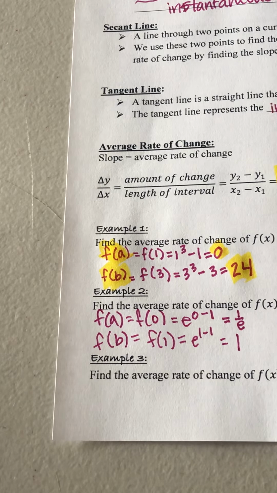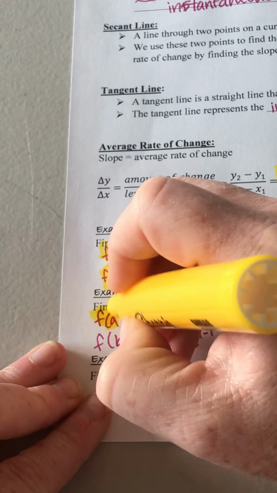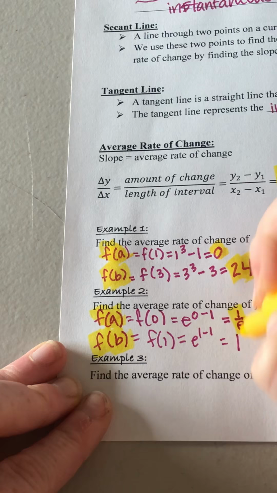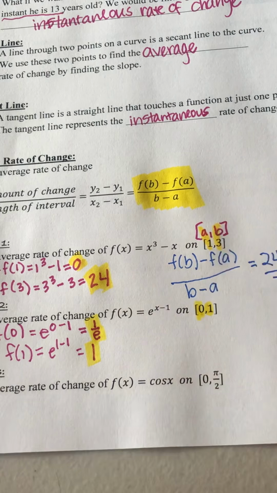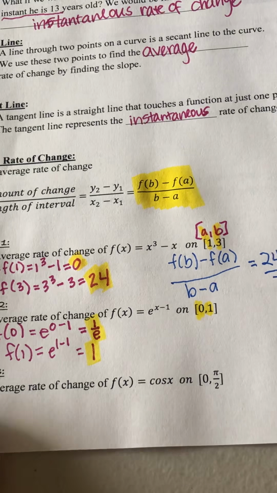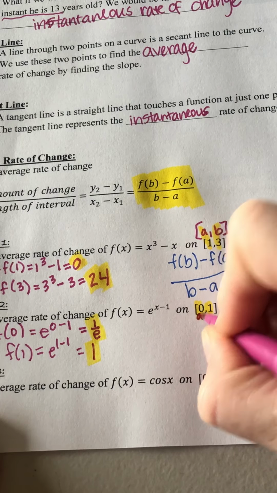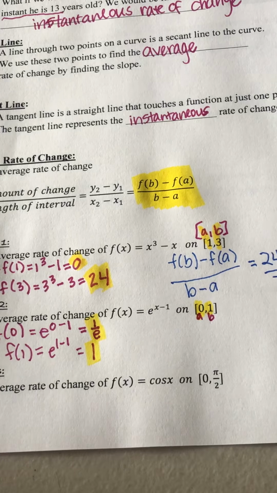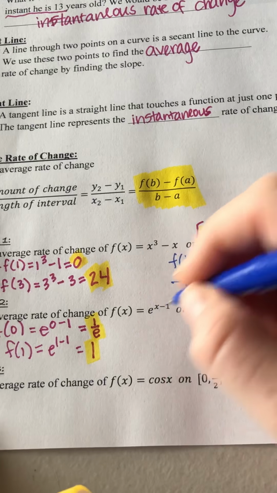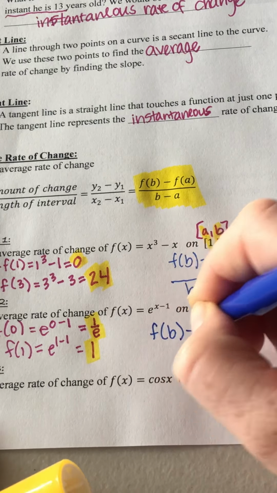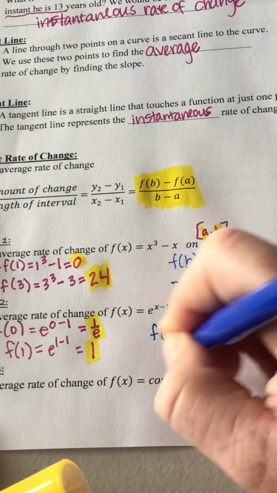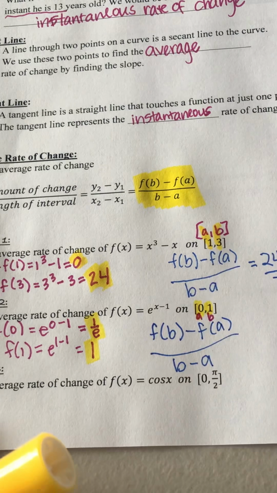Okay, so let's still plug this into the function. We might change 1 over e to a decimal. Let me see how it works out. And then we have a and b are 0 and 1. Okay, so I'm going to write the function, then plug everything in. f of b minus f of a all over b minus a.